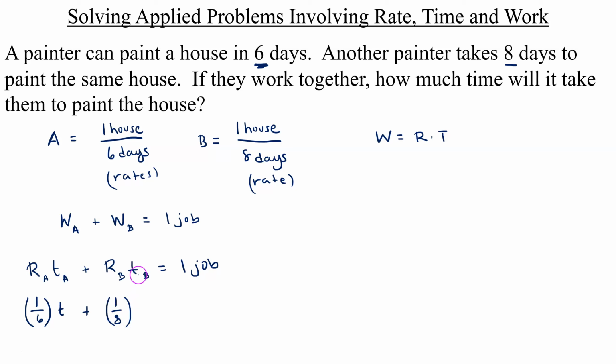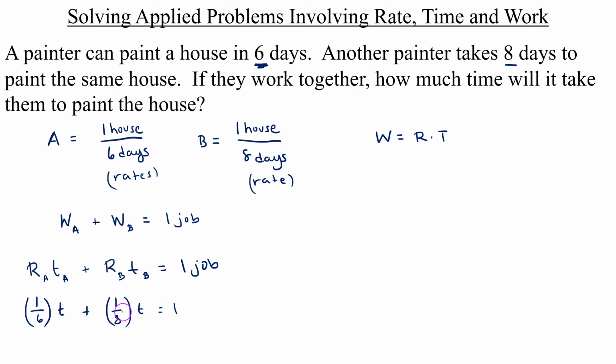However, since they're working together, it's going to take them each the same amount of time, because once one person's done, that means the house is painted, and the other person must be done as well. So we don't know what his time is, but we know it's the same as worker A. So our equation simplifies to 1/6 t plus 1/8 t equals 1.